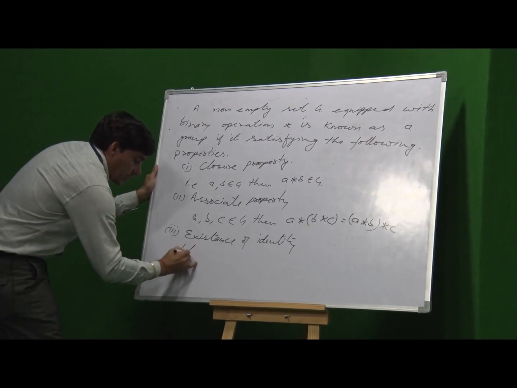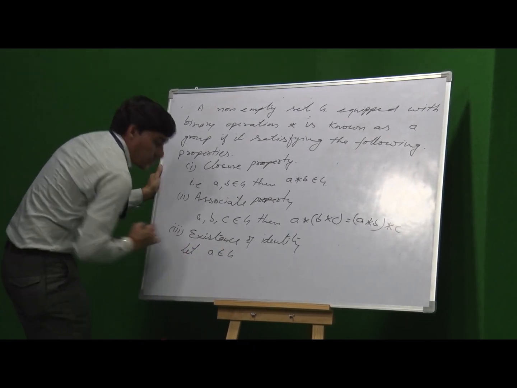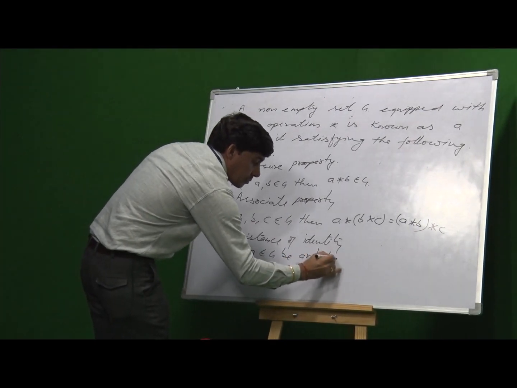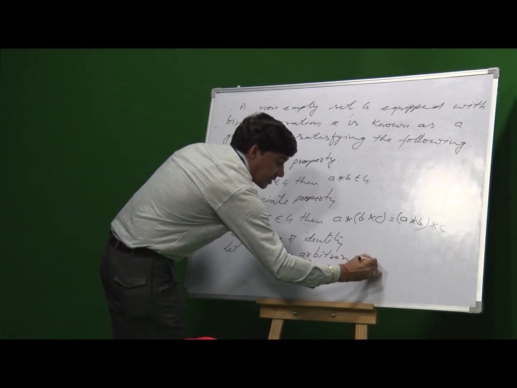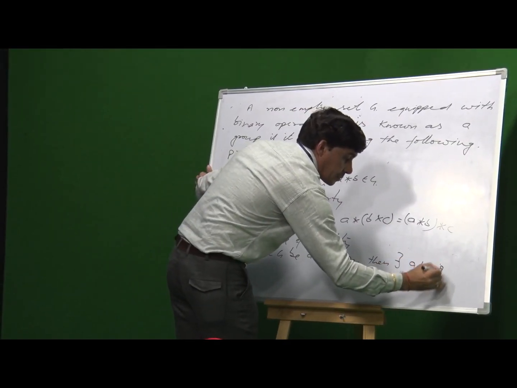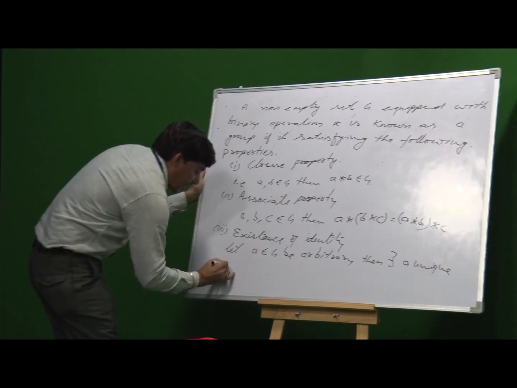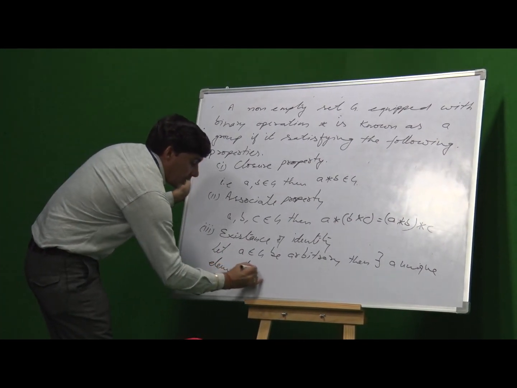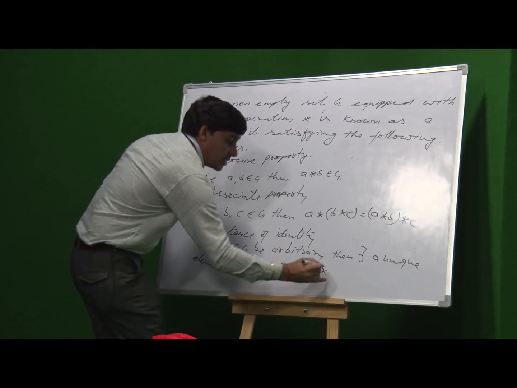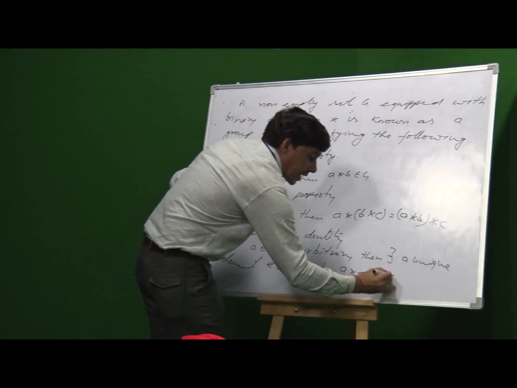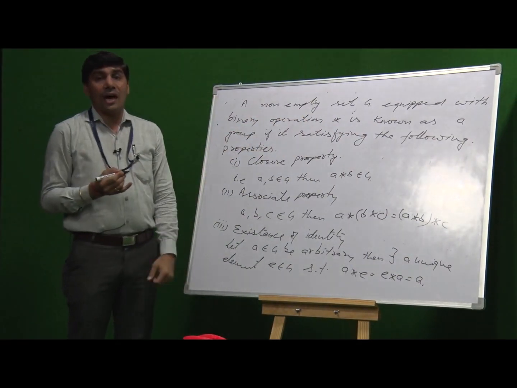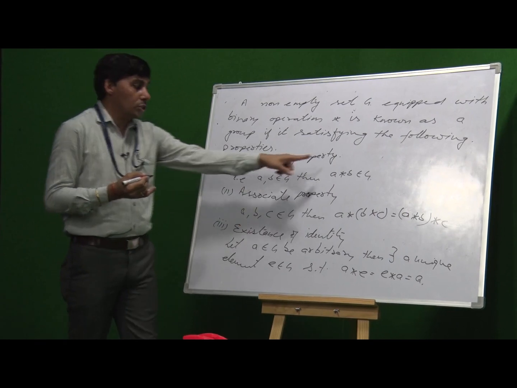Let a belong to G be arbitrary, then there exists a unique element e belonging to G such that a star e is equal to e star a is equal to a. Then e is called the identity element of the group G.